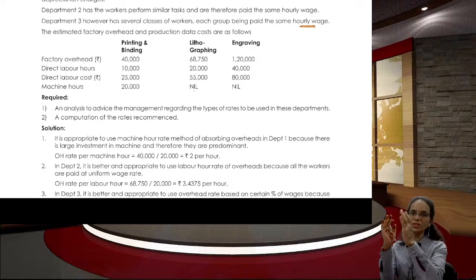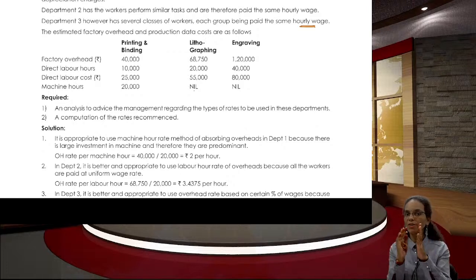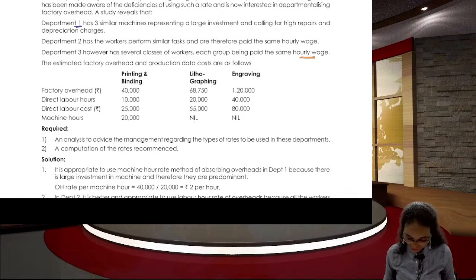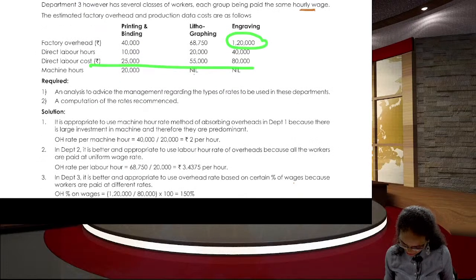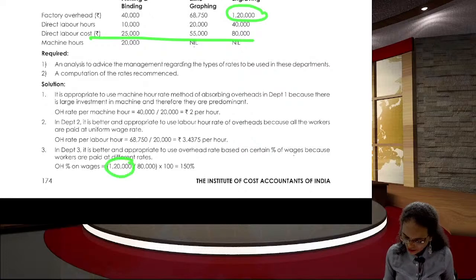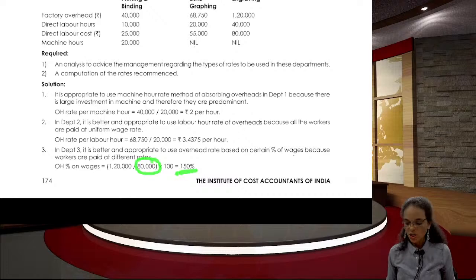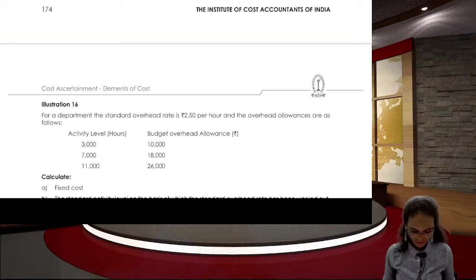This group is one rate, this group is another rate, this group is another rate. So when different wage rates are there, then you go for the labor cost. The expenditure you incurred is 1,20,000 rupees, and you need to recover it on the basis of 80,000 rupees, that is the labor cost. So this is the advice to be given to the management.